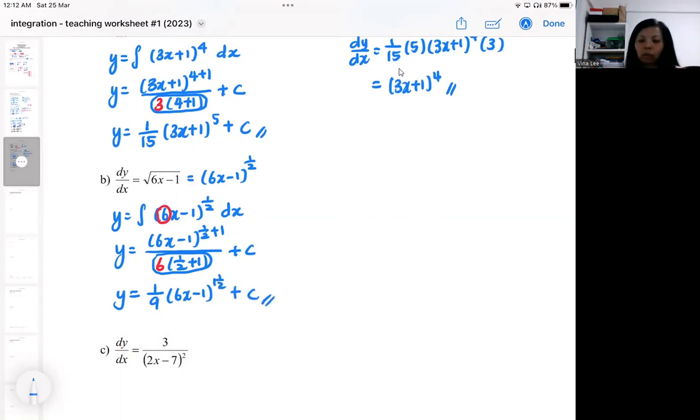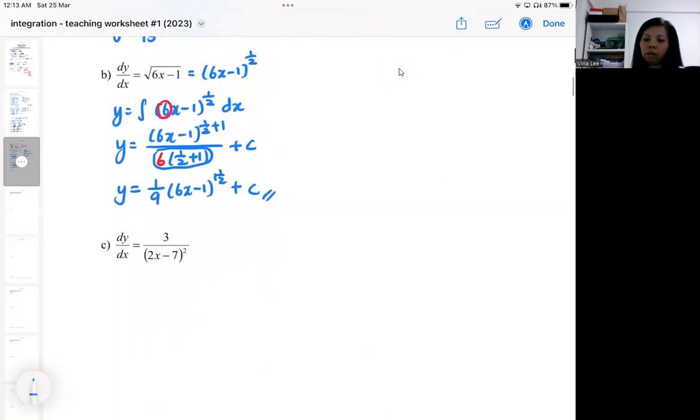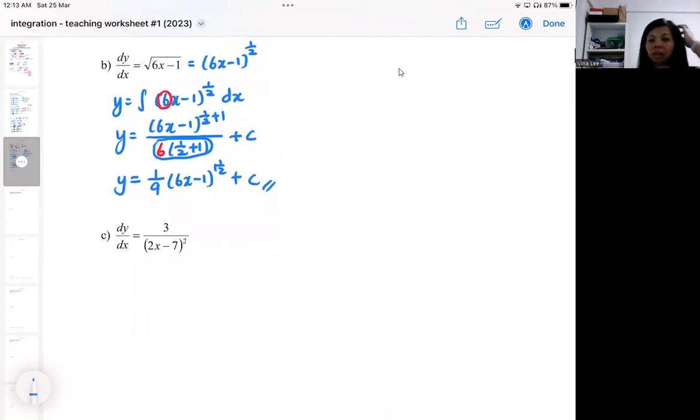So you still need to apply a bit of your indices. As with differentiation, you have been applying your indices. So right now, same thing, integration, you also need the same few indices. By now, hopefully your indices has improved a little bit. In this case, the bracket is in the denominator. So of course, there's a bit of indices. So it will be 2x minus 7 to the power of minus 2. So do your indices first, then you integrate.